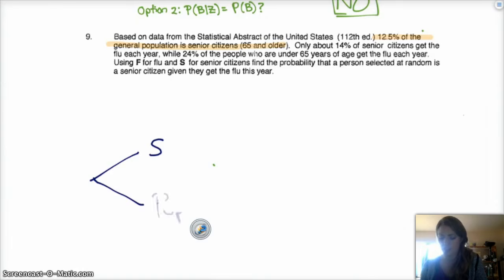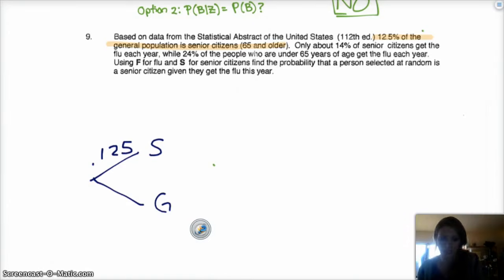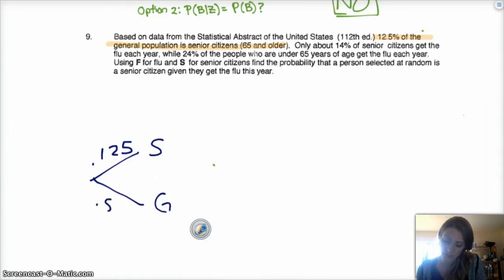Let's call it G for the general population. So we've got 12.5% of the general population being senior citizens, 0.125, which then means 0.875, because that has to add up to 1, since we have senior citizens and non-senior citizens, or the general population.